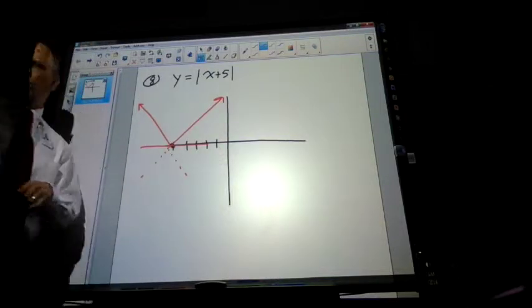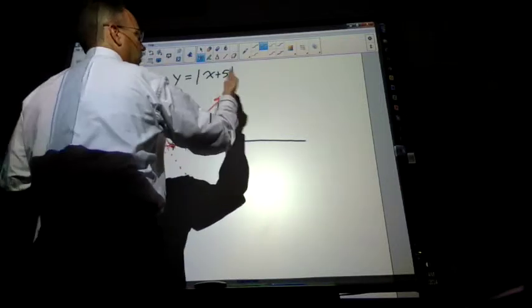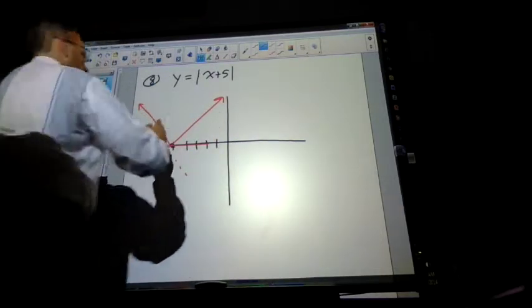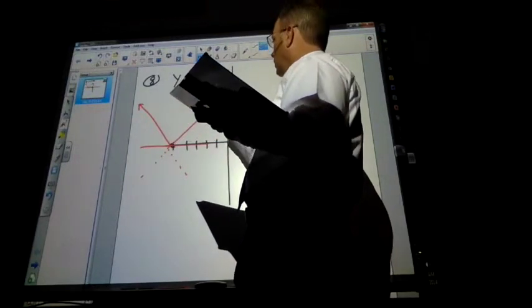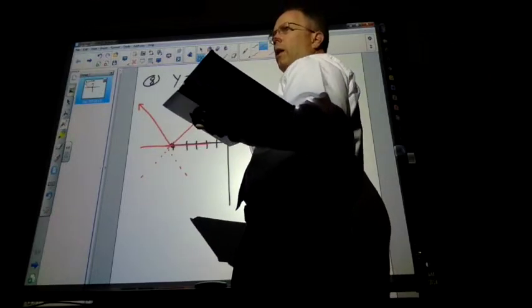It's not symmetric about the origin. I think that's all we have to do. Because if I folded it over the y-axis, it should be the same thing. And it wouldn't be. So, I don't have the same graph over here.